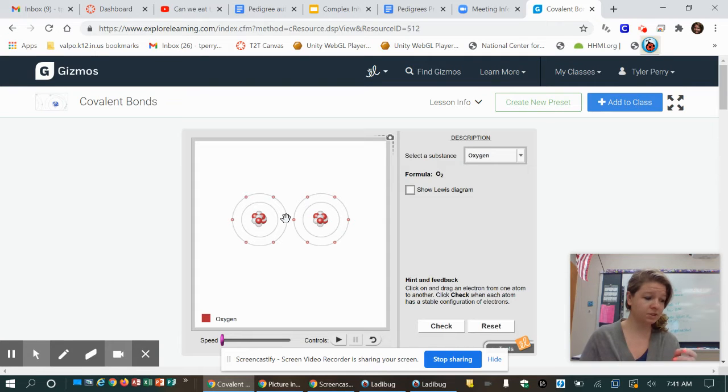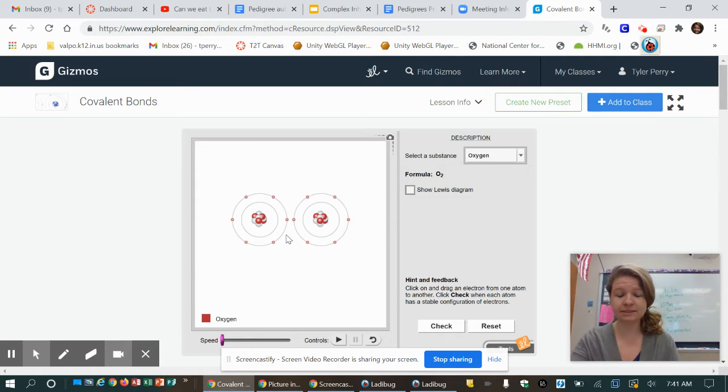So what you want to do is make it so that we have 2 separate molecules right now. We want to make O2, which is what we breathe. So in order to do that, we want both atoms to be happy or stable.